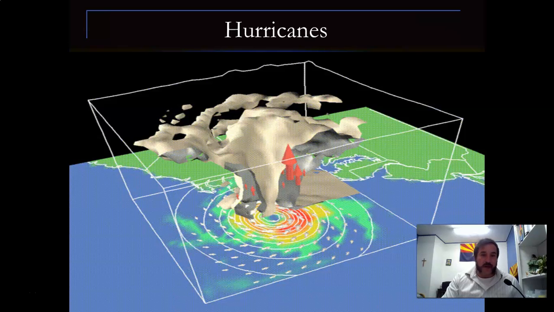Now, what hurricanes and tornadoes have in common is they both have those swirling winds. But if these warm swirling winds don't have warm water to fuel them, it's not going to form a hurricane. It's going to be swirling winds.